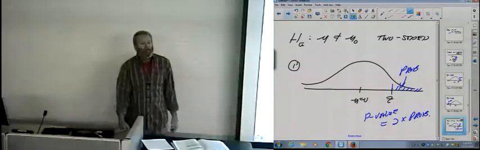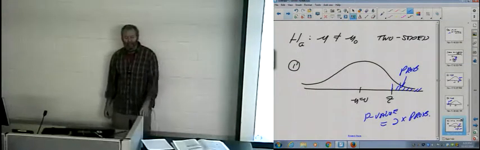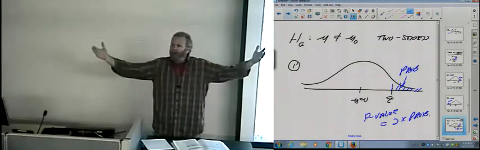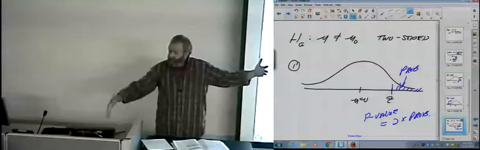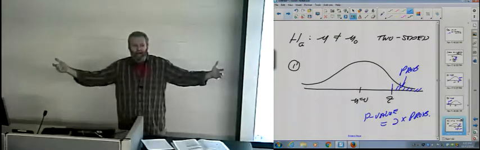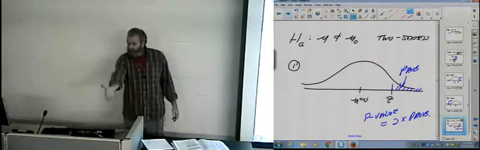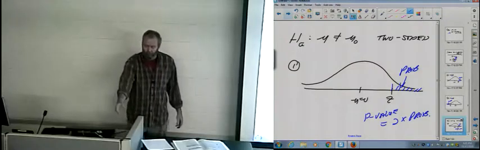This is what you have to do, because when you set the test up, you were willing to let both directions count against you. There's only going to be one direction. If your z-score is positive, look at the area in the tail and double it. That's how you let both sides count against you, because you were letting both sides happen here.